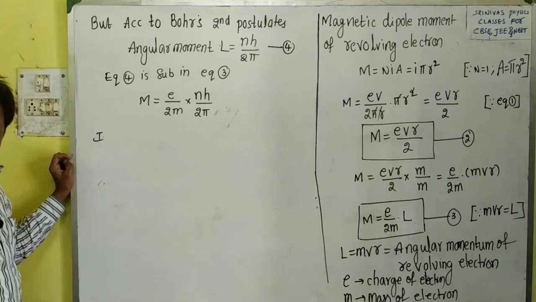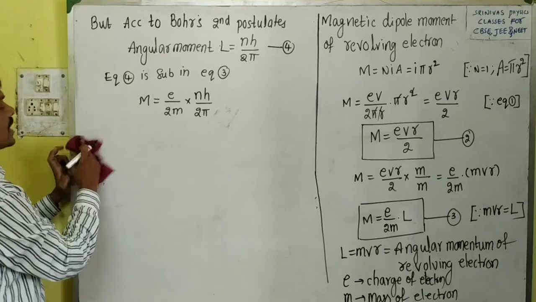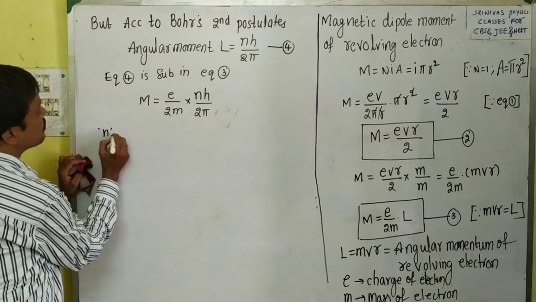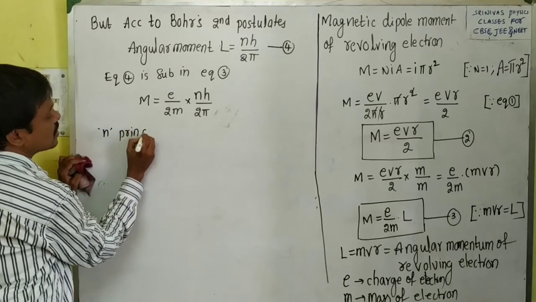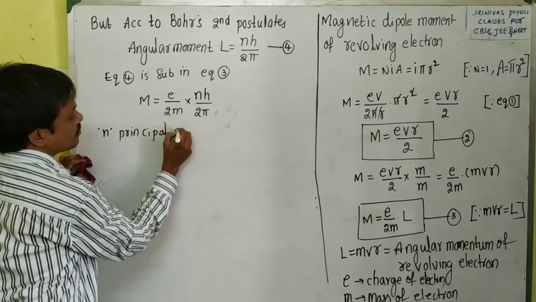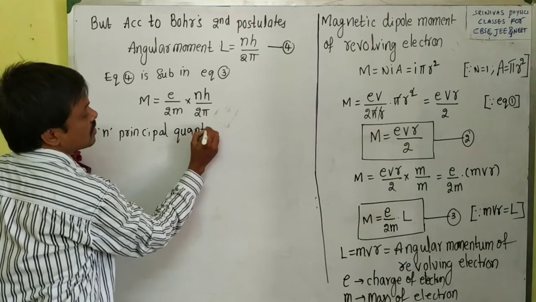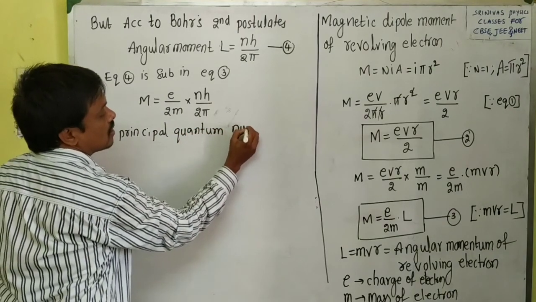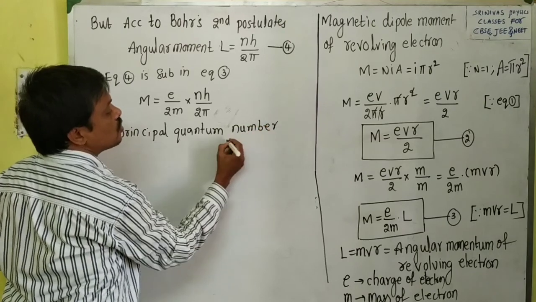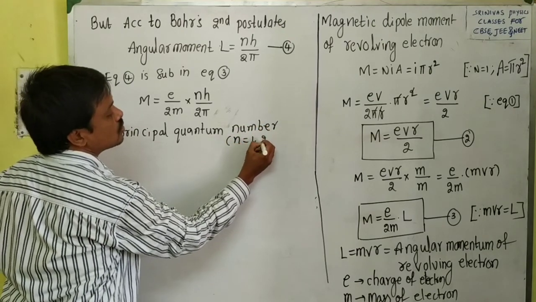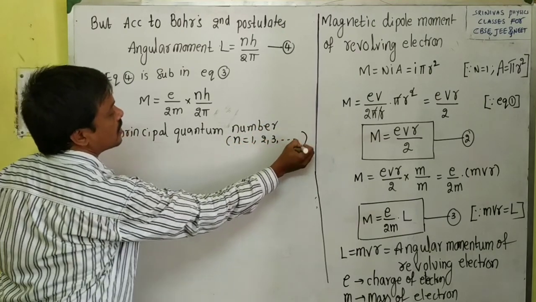We know what n is here. n is the principal quantum number or orbit number. n value may be 1, 2, 3 and so on.